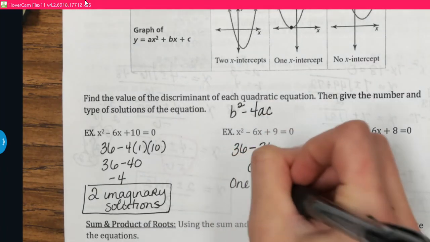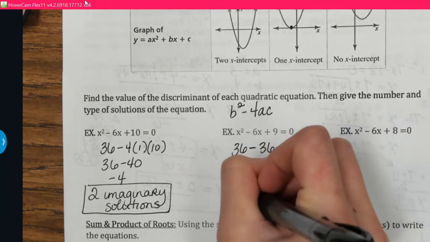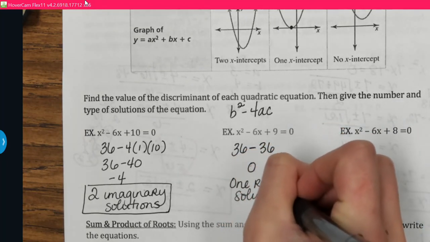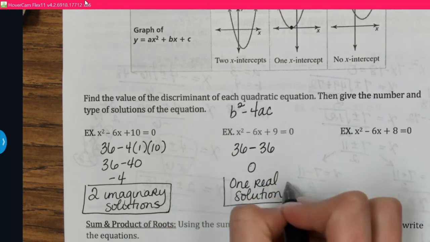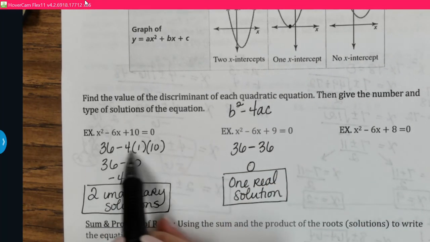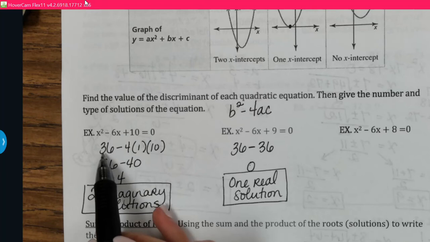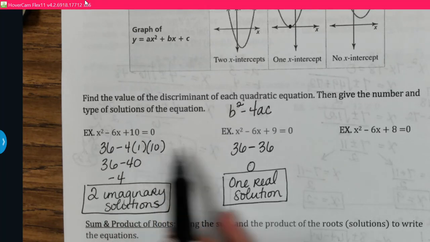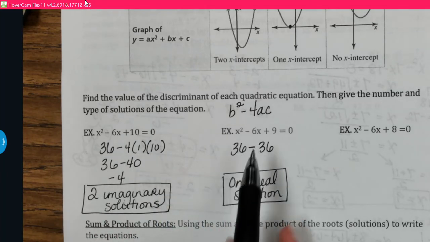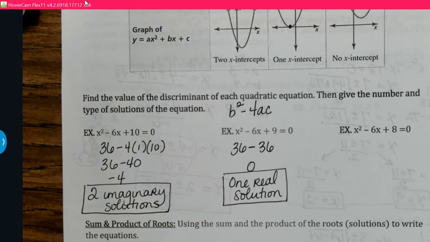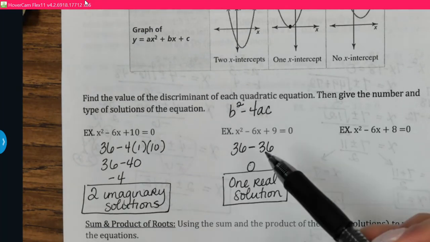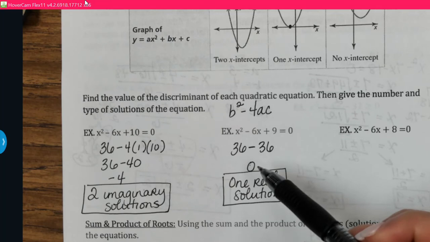One real solution. So if you want to plug it in like this and show me that, that's fine. If you want, you at least need to show me what your b squared is and what your 4ac is. Okay? So minimum is this, this, and that.